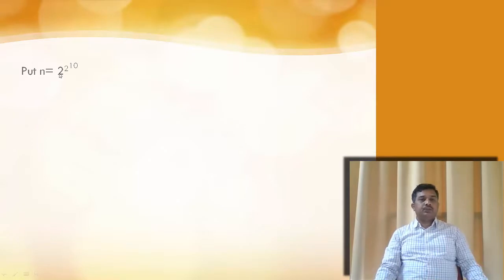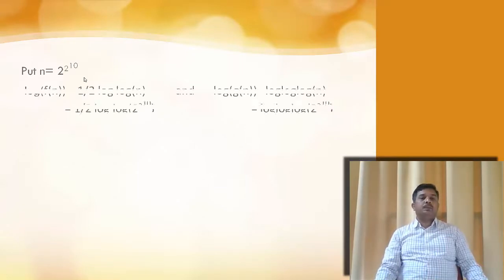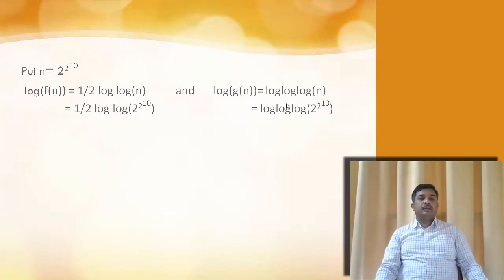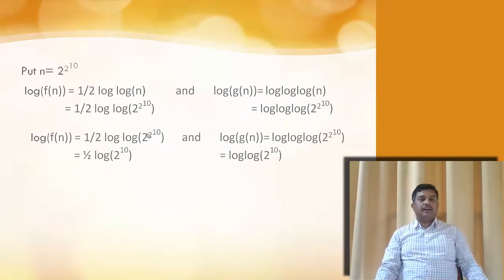If we'll substitute n equal to 2 to the power 10, so we'll have half log n. In place of n we are substituting 2 to the power 10. So in place of n we substituted the value and we applied the formula. So it becomes half log 2 to the power 10.